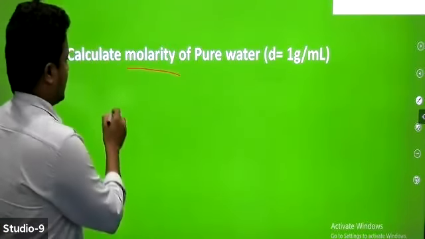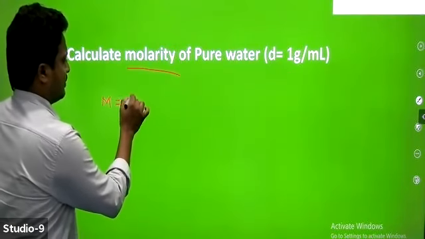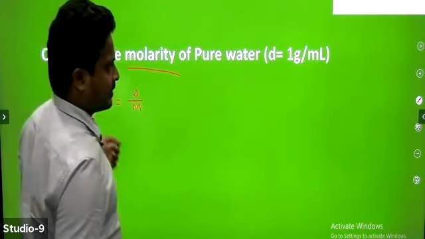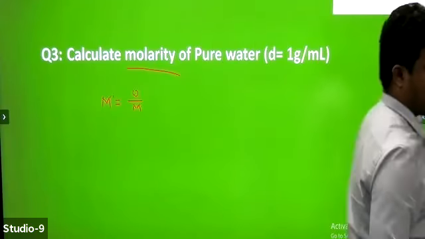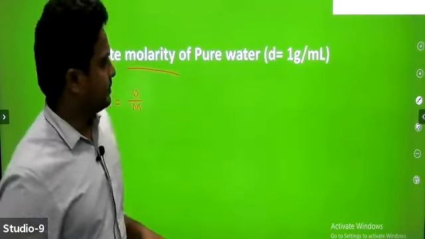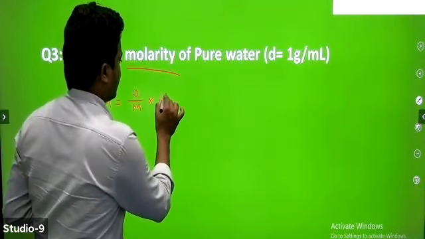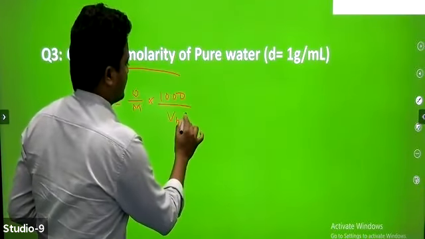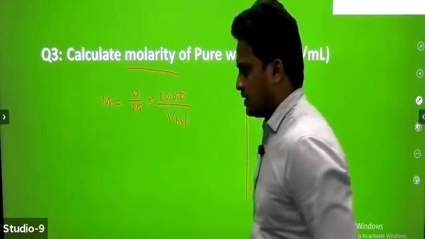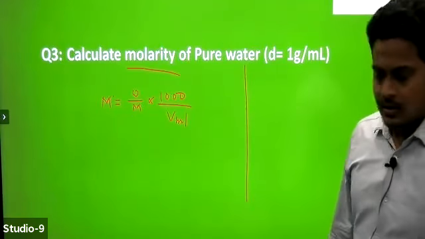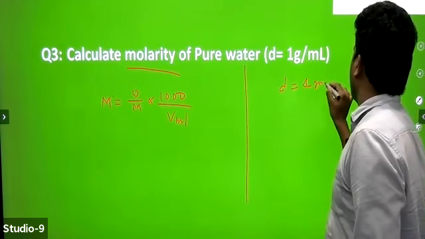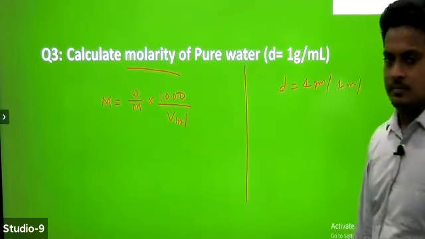Molarity formula: molarity equal to weight by molecular weight into 1000 by volume of the solution in milliliters. Here density is given, 55.5. Density is given as 1 gram per milliliter.